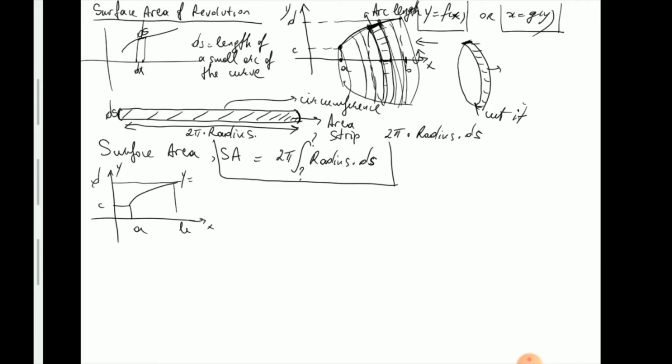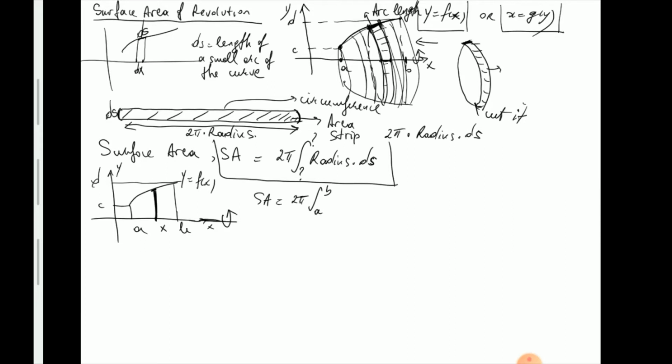So let's say you want to use integration with respect to x, and again the axis of rotation, let's say, is the x-axis. Well, just like before, you take a generic variable in the domain between a and b. So that basically identifies one of those strips, and therefore the surface area will be 2 pi the integral from a to b.